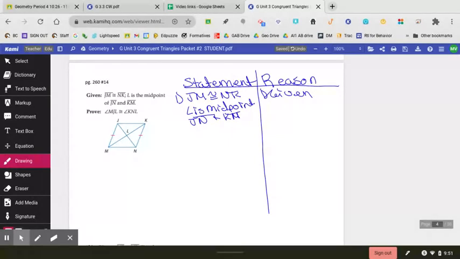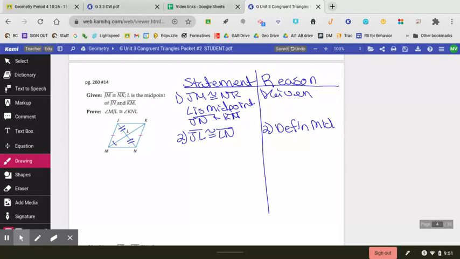So we're given that JM is congruent to NK. And then we know L is the midpoint of JN. So if L is the midpoint of JN, that means JL is congruent to LN. And that's the definition of midpoint. The midpoint breaks it into two congruent parts. Then I also know that L is the midpoint of KM.